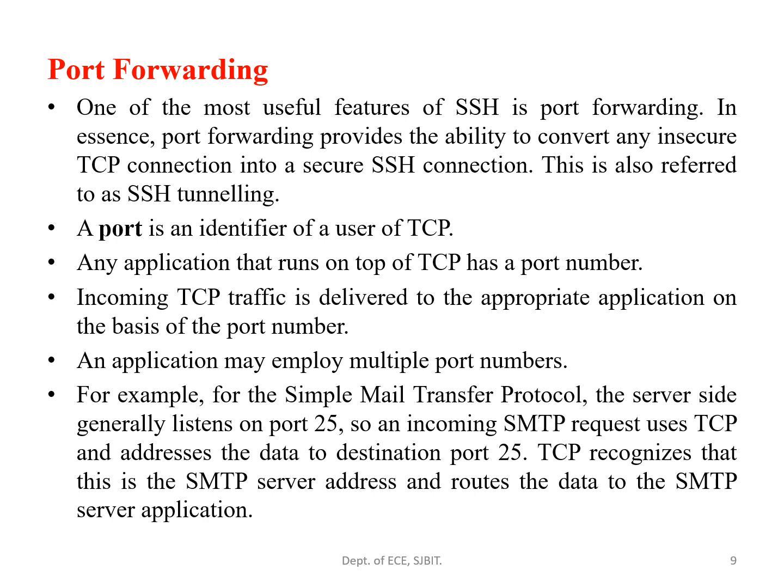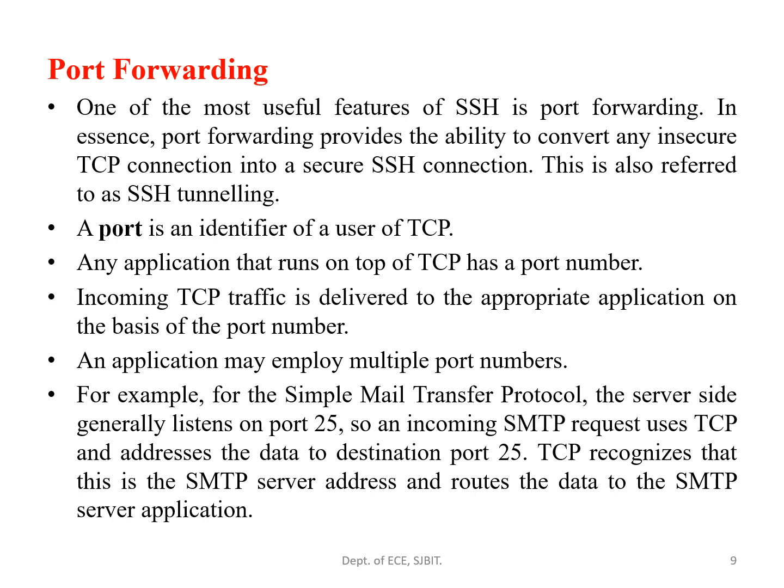Consider port forwarding. One of the most useful features of Secure Shell is port forwarding. In a sense, port forwarding provides the ability to convert any insecure TCP connection into a secure SSH connection.